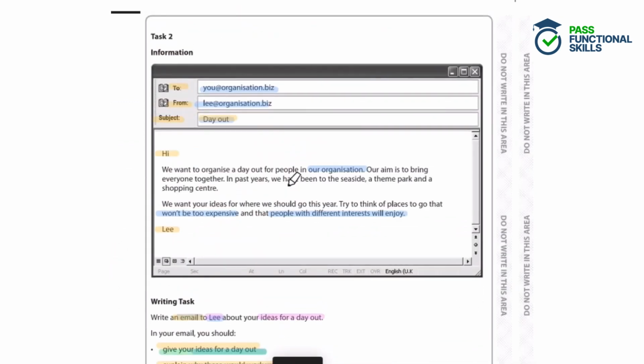We've also got to consider the context that we've been given in the question. So we know that we know Lee quite well and that we can address him quite informally. And the reason we know this is in his email, he's used this contraction, won't, which is quite informal, instead of will not, which would be more formal.